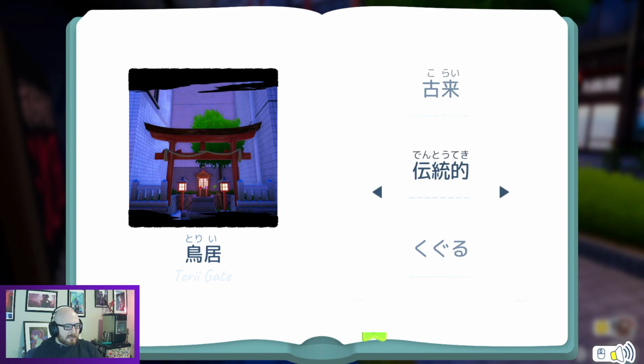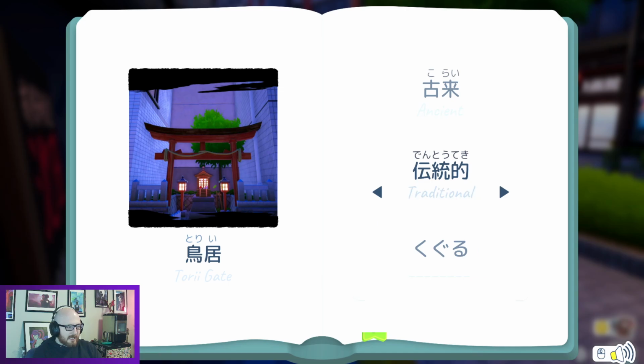This one right here ends in an u sound. U sounds are verbs. So this is a verb, and these are either adjectives or some sort of descriptor. So korai is one that we've had before. Oh, it means ancient. As for these two, this is fairly new to me.